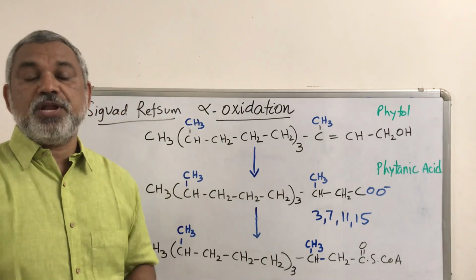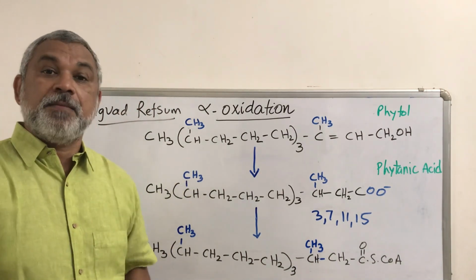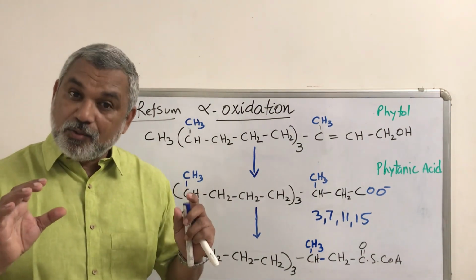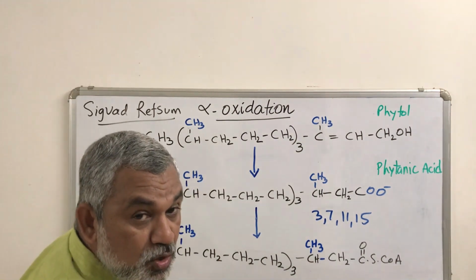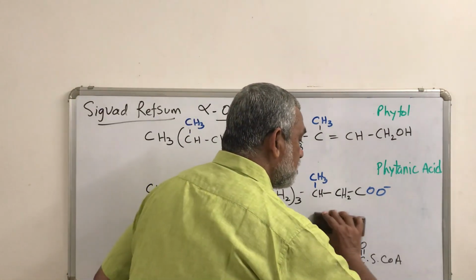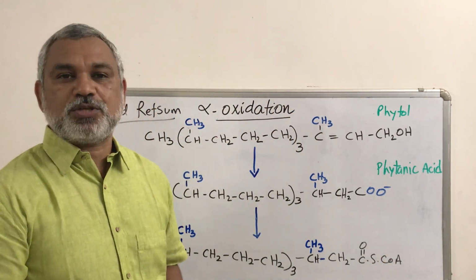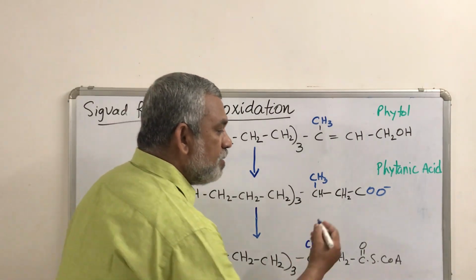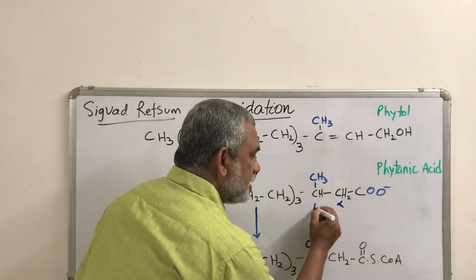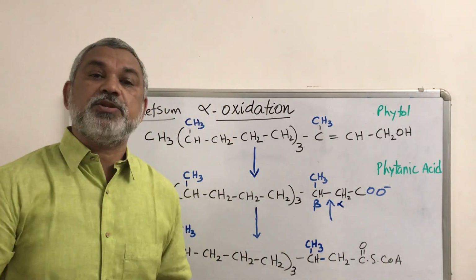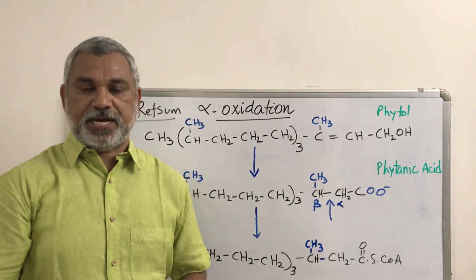Now why this molecule is getting attention is because it cannot be oxidized through the normal beta oxidation process. We are aware that normal beta oxidation takes place between the alpha carbon atom and the beta carbon atom.